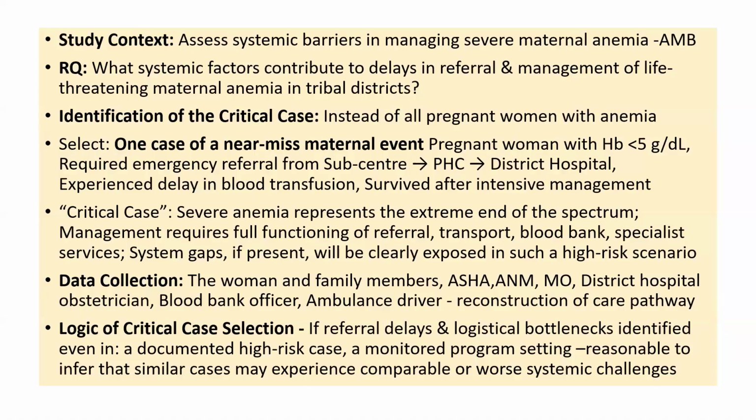For example, you want to find out the systemic barriers in managing severe maternal anemia. Here, you want to find out systemic factors which contribute to delays in referral and management of life-threatening maternal anemia. Now, instead of selecting all women with anemia, I will look out for one case of a near miss. I'm sure all of you know what a near miss is. Can anyone tell me what a near miss maternal event is?